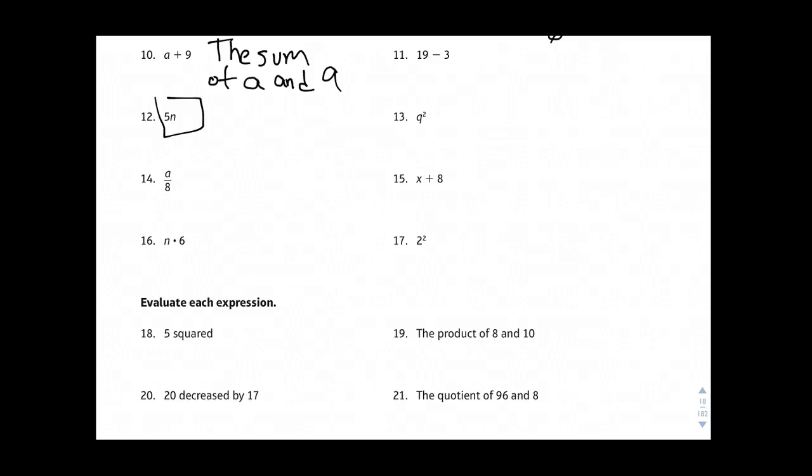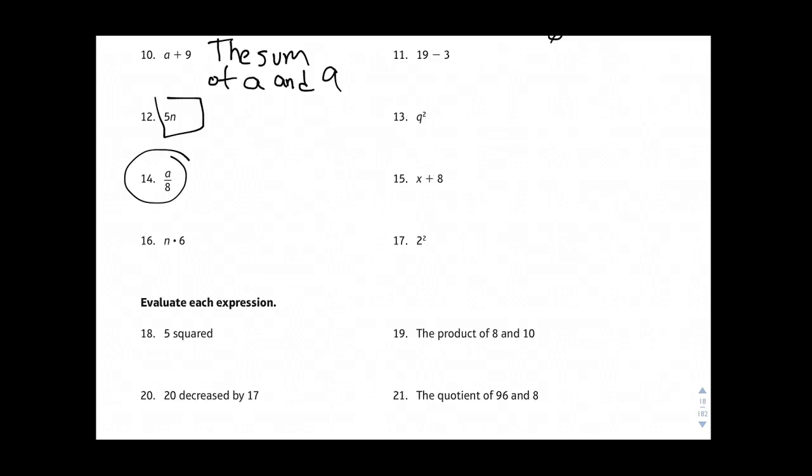Here, we have this little power right there, that power of 2. So I can say that this is q to the power of 2, or like they said above when they were going the other way, it's q squared. On 14, I have a over 8, okay?